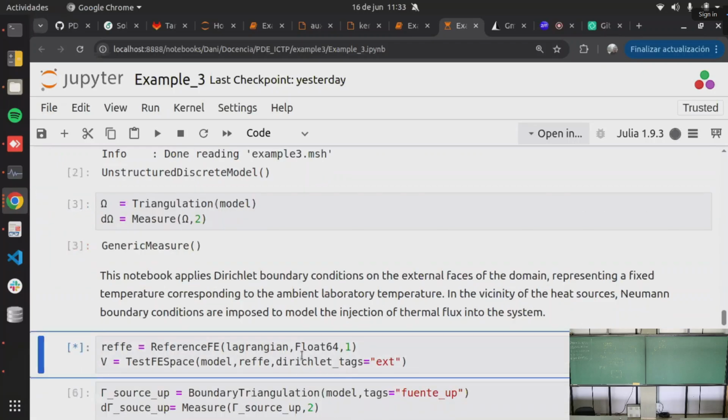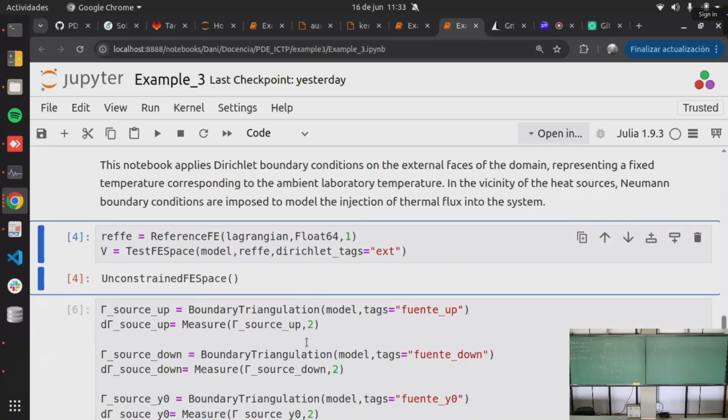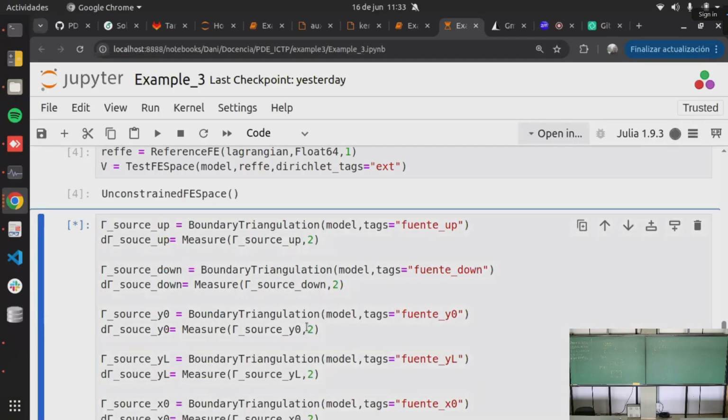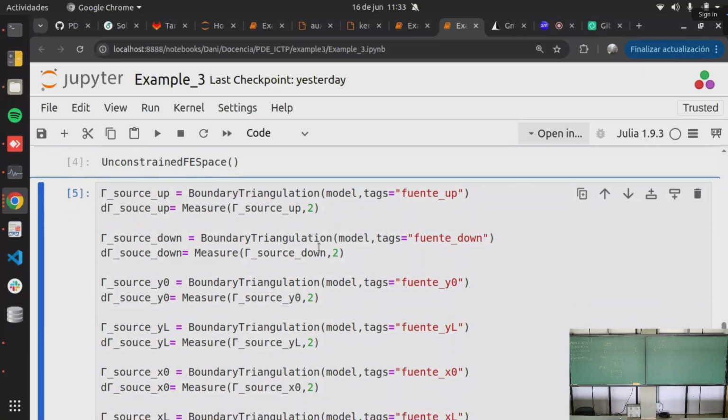So we have only one Dirichlet tag, the exterior one, and we have to perform the boundary triangulations for the interior, the internal boundary. Here we have a decomposition of the boundary, because in each face of the box the flux will be different, because the direction of the flux will change. So we have to perform an integral in each face of the box.